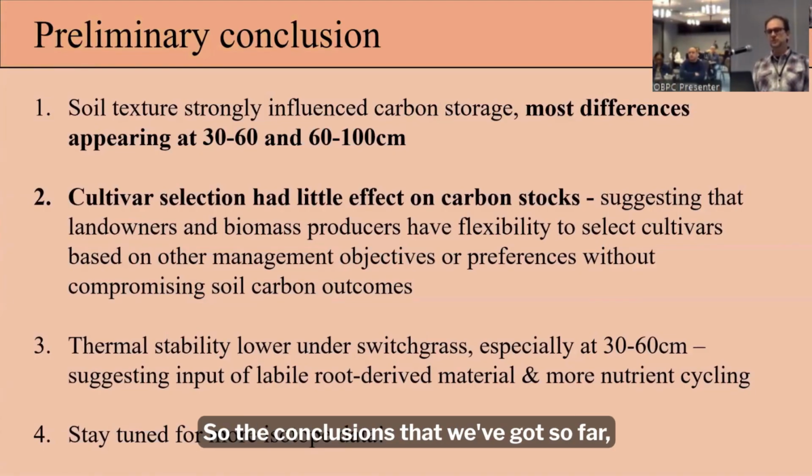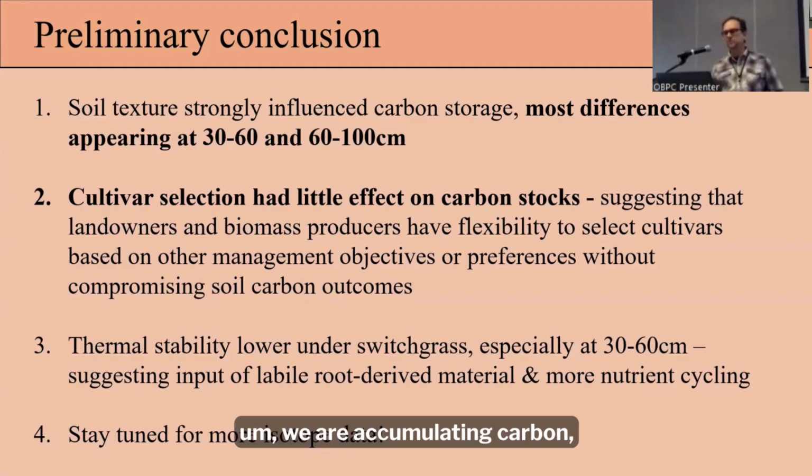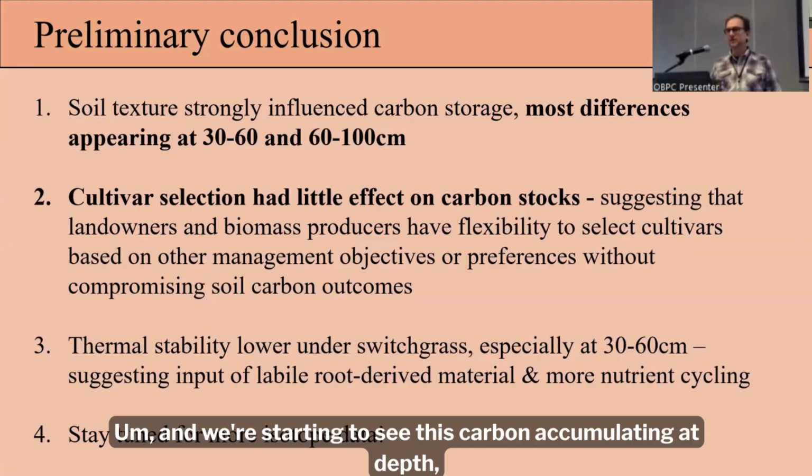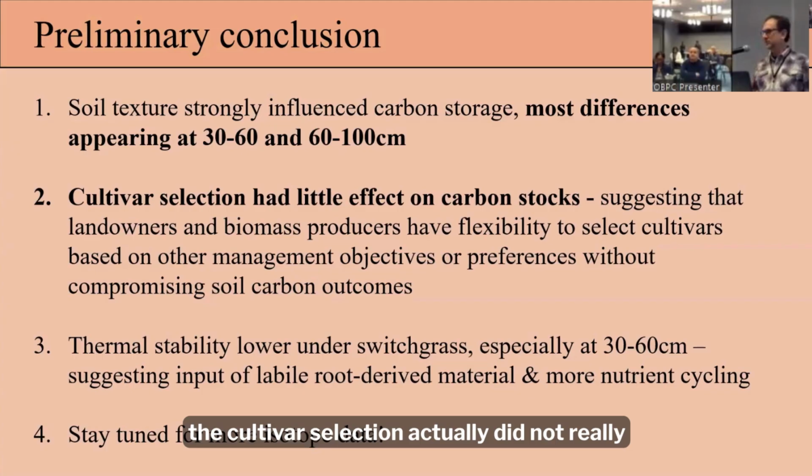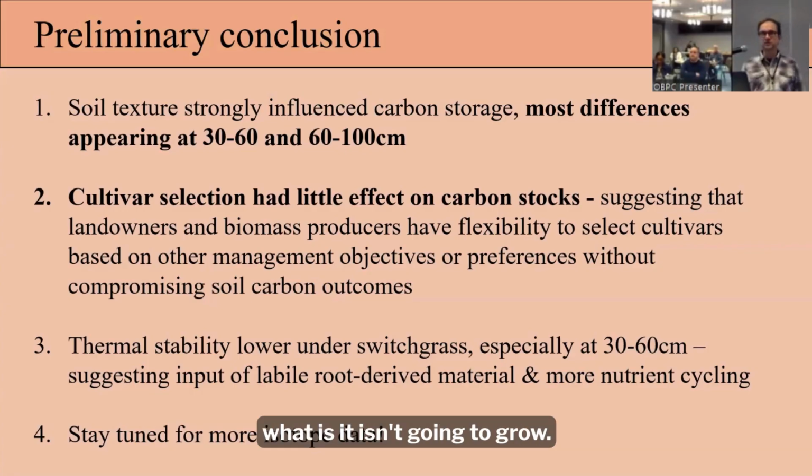So the conclusions that we've got so far, we are accumulating carbon. It's highly texture related, and we're starting to see this carbon accumulating at depth, which is what we kind of wanted to see. The cultivar selection actually did not really affect the stocks as much as we had expected, which is actually a good thing. It means that you can be flexible with what it is you want to grow.